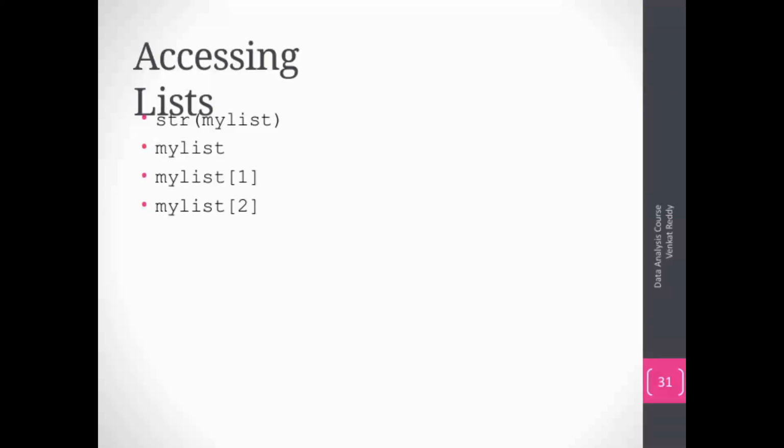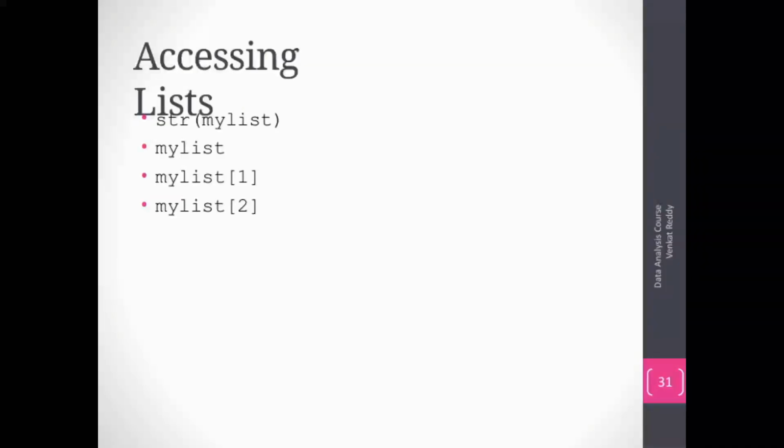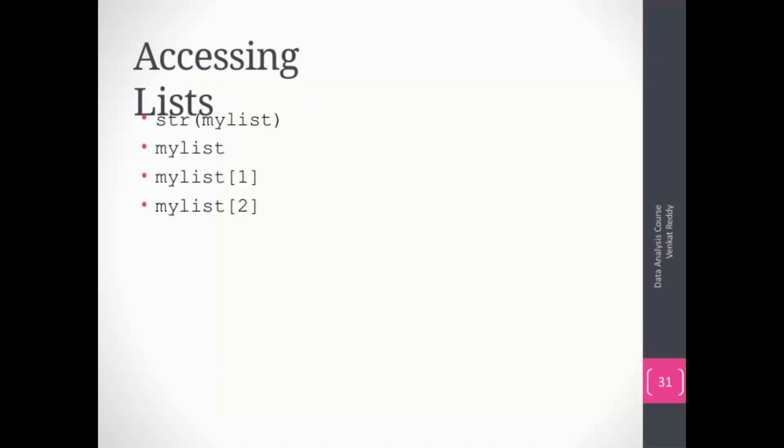For example, mylist[1] retrieves the first item, and mylist[2] gets the second item. Understanding how to access list elements is fundamental because it allows us to manipulate and retrieve data efficiently. Remember, when working with lists, always keep in mind the index positions. This concept ties into the overall theme of data analysis. Being able to organize and access your data quickly and effectively is key to making meaningful insights.